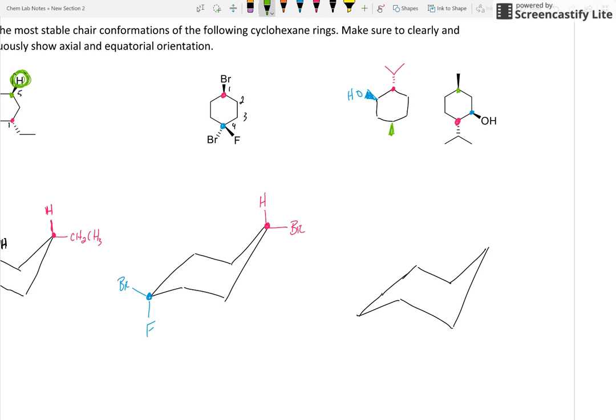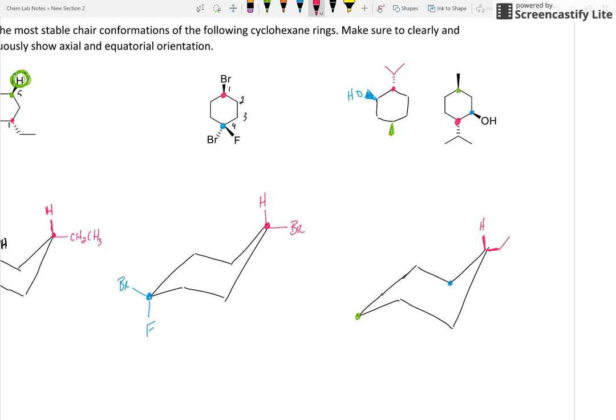And I'm going to draw the chair conformation of this. In reality, you don't have to do this. You can approach this in the same way that we did with the other ones, as long as you maintain the relationship. So there's pink, there's blue, and then down here is going to be green.